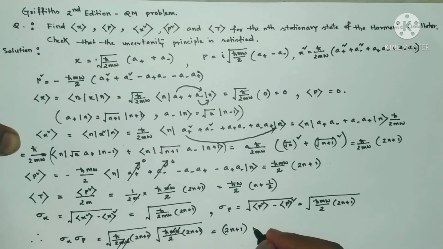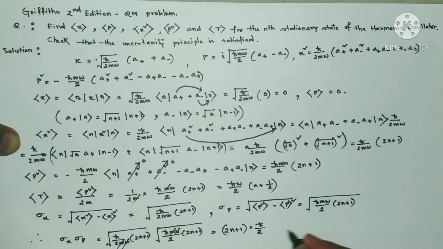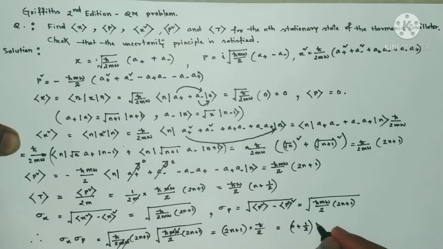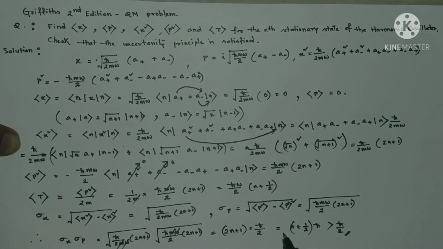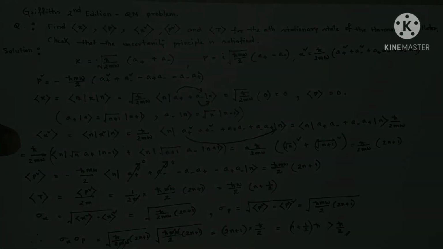So we will be left with h cross by 2 times (2n plus 1), or (n plus half) h cross, which is greater than or equal to h cross by 2. So our uncertainty principle is satisfied. Thank you so much.